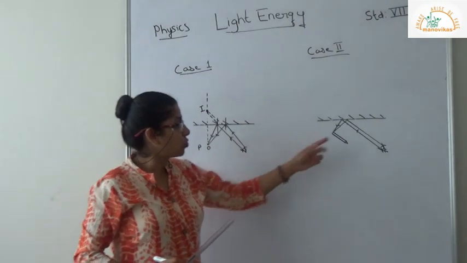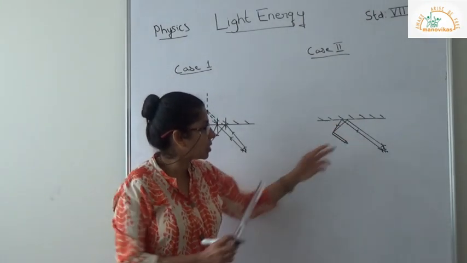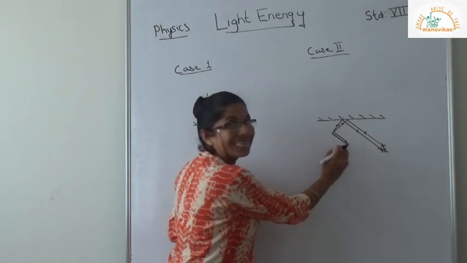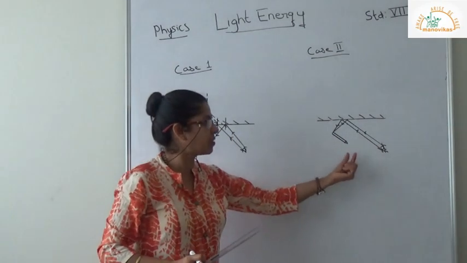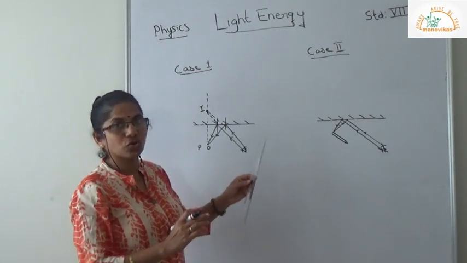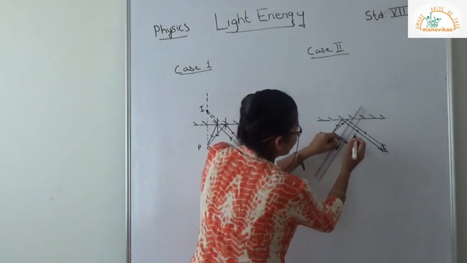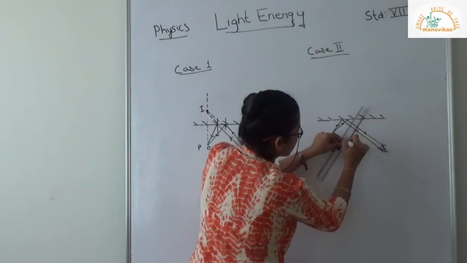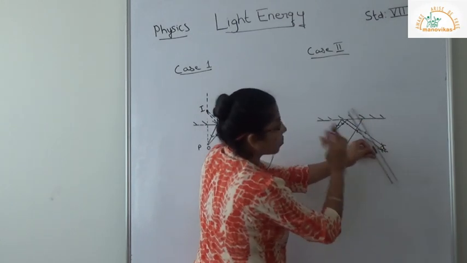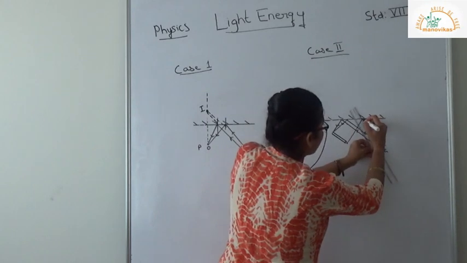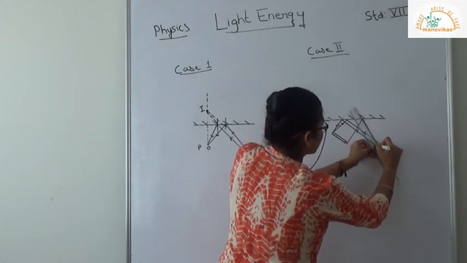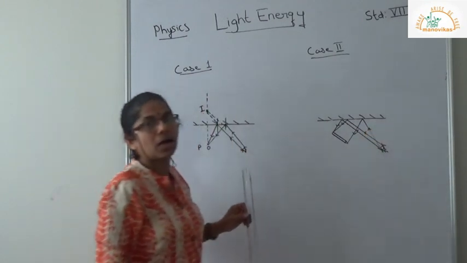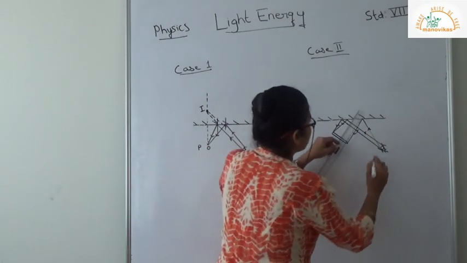So from this point there are two rays which I have shown. The same way from the tip, we won't be considering the middle one, from the tip also I'm going to show two more rays. It follows the laws of reflection of light. And another one.